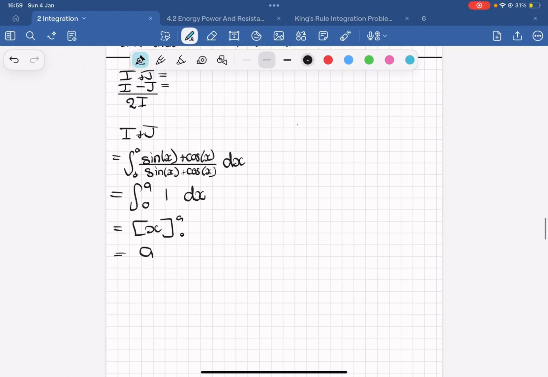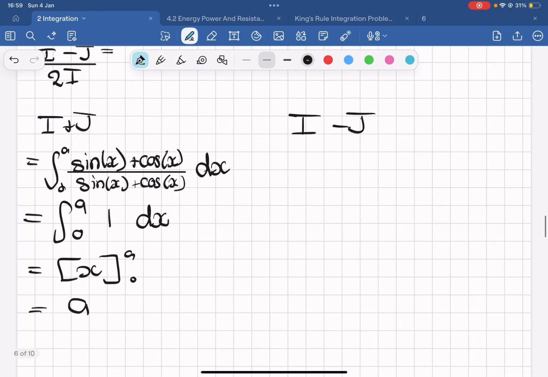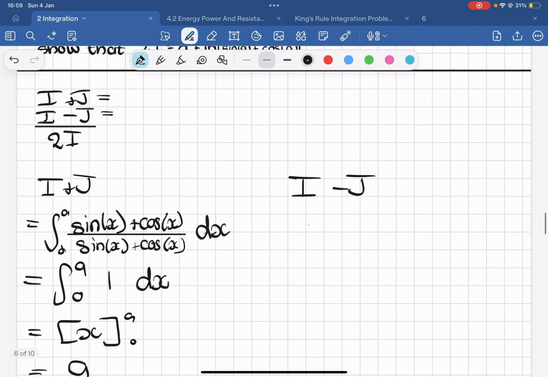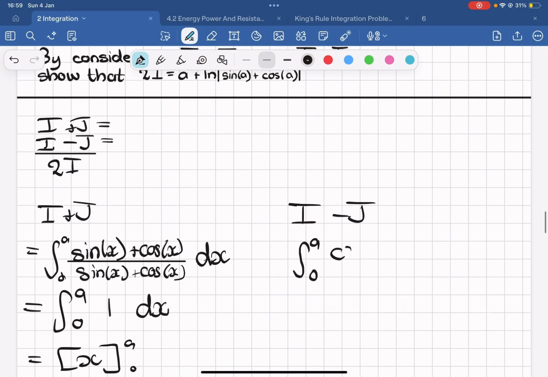Now I minus J. We have, integrating from a to 0, cos x minus sine x all over sine x plus cos x.